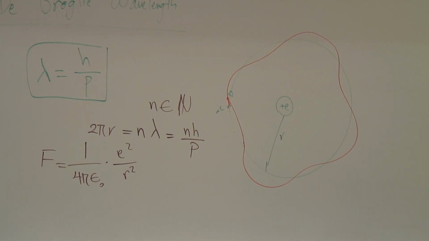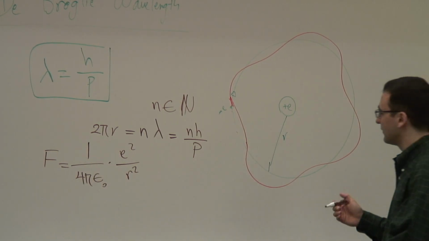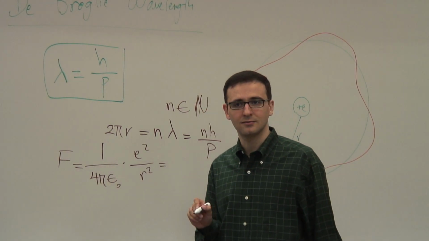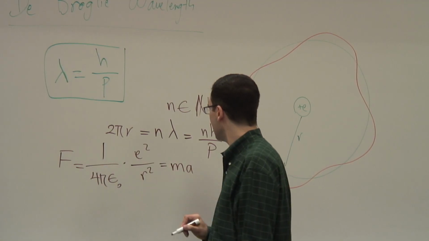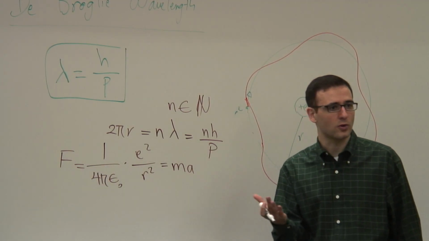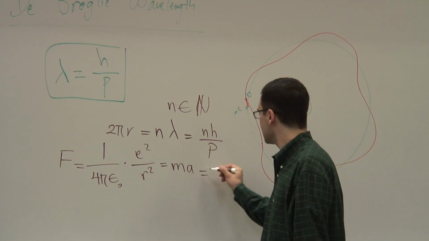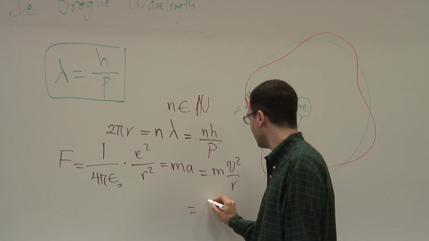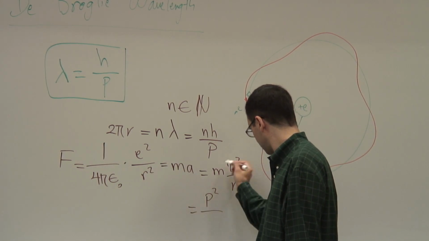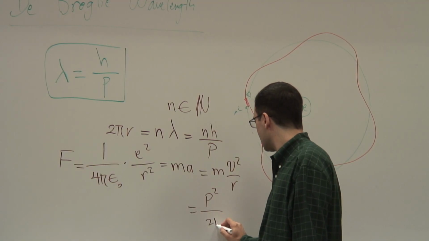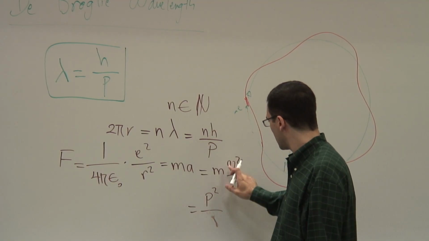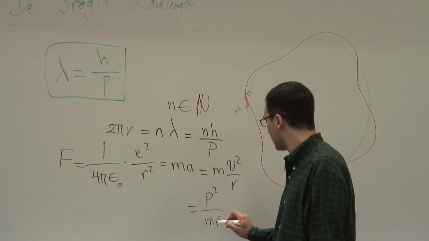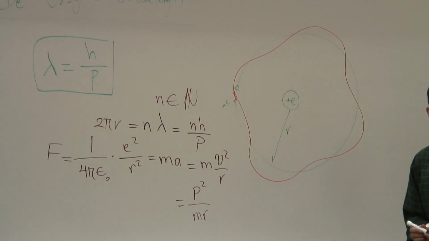Now, I know, again, based on very simple physics, Newton's second law, F equals ma. What is the acceleration? It's a centrifugal force, right? So this is centrifugal acceleration, so it's mv squared over r, which I can rewrite within the classical picture as p squared. If I multiply the numerator and denominator by m, I get p squared over mr, right?